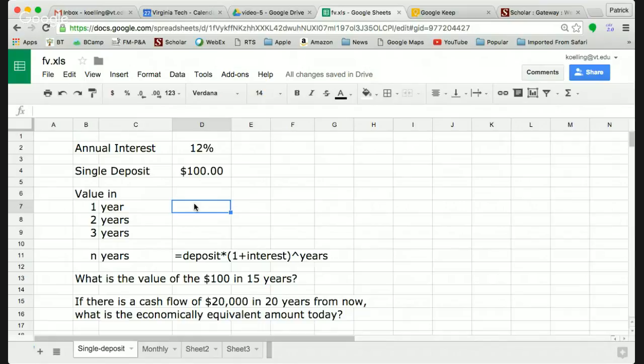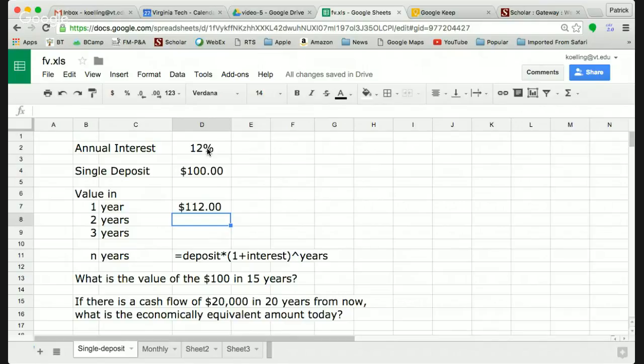What would be the value of that single deposit? Well, that would be equal to the $100 that we started with times 1 plus the interest rate. $112.